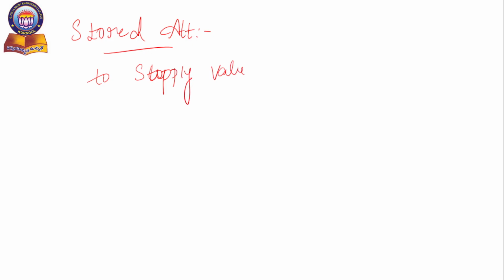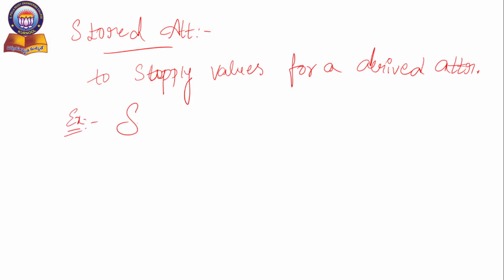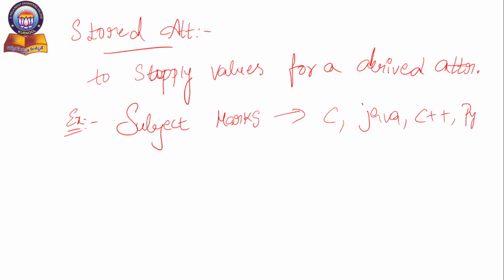Example, subject marks. Subject marks means we will consider only one subject, either C language or Java or C++ or Python. Any subject we will consider. That is a stored attribute.